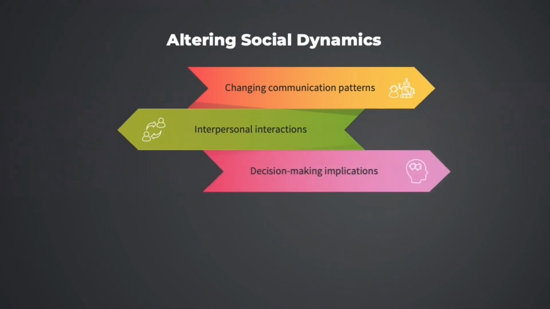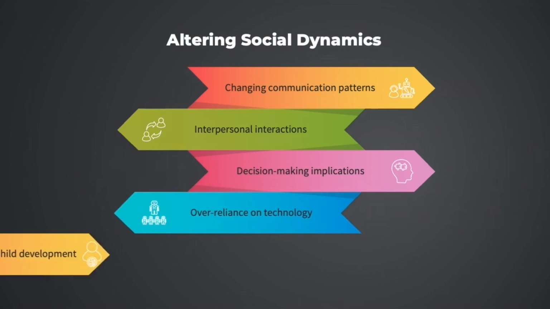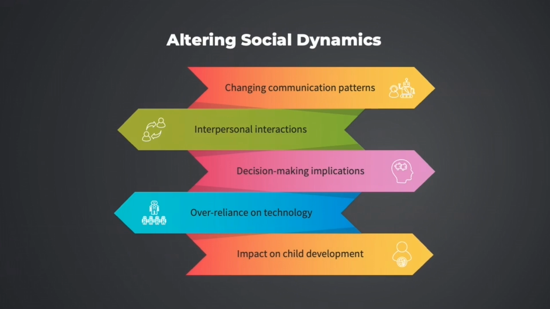Increasing reliance on AI for decisions, from personal choices like shopping to significant life decisions like career and relationships, can diminish human judgment and intuition, potentially leading to societal over-reliance on technology. Children growing up with AI-enabled devices may experience altered developmental trajectories, affecting their social skills, attention spans, and the way they perceive human interactions.